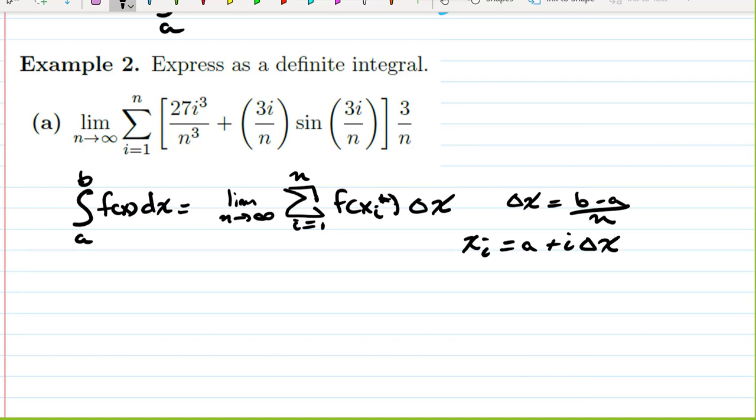So using all of these formulas, we want to identify our limits of integration, so our a and our b, and our function f.